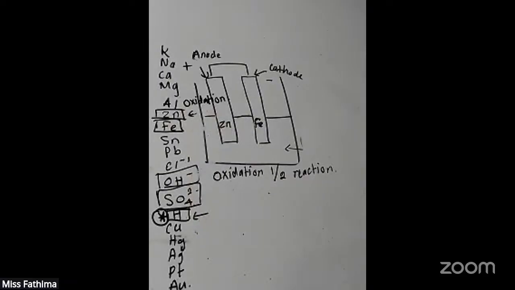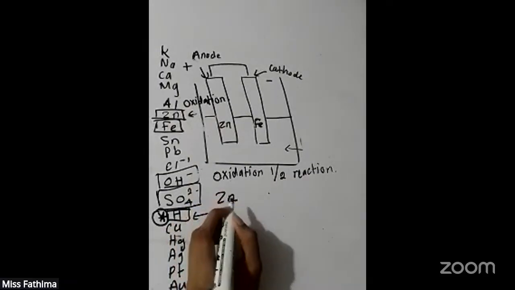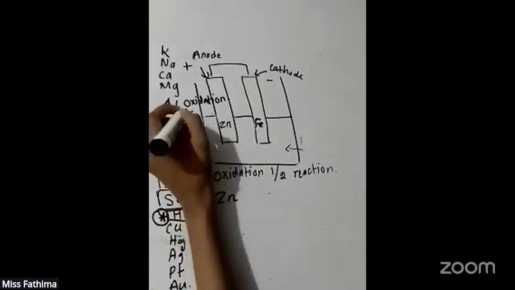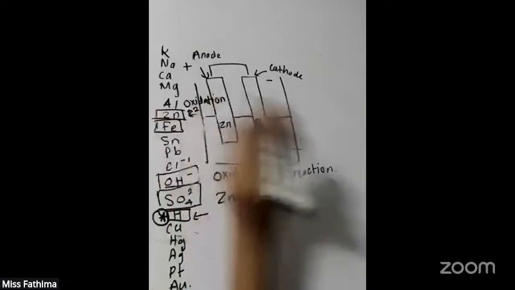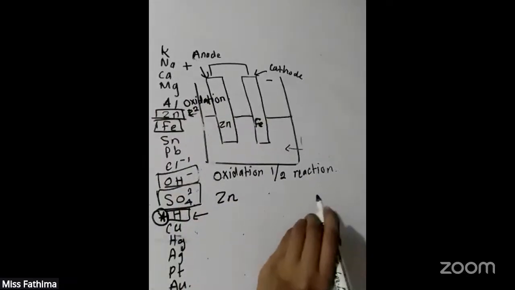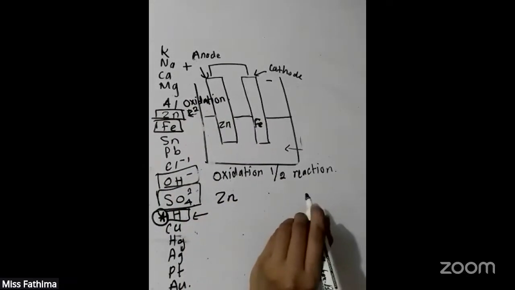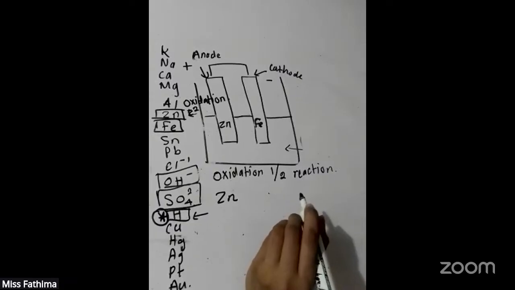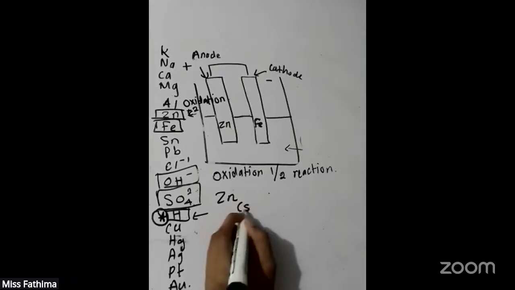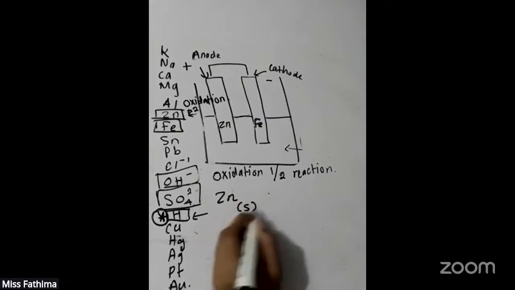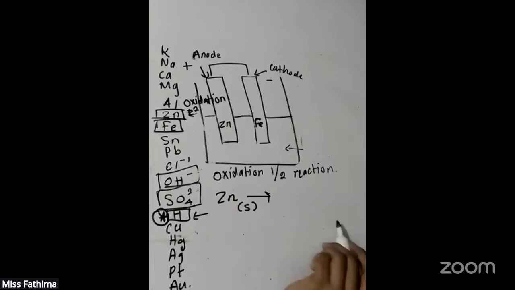That is zinc. The valency of zinc is +2. If it is +2, it is going to lose how many electrons? Zinc solid will undergo the process of oxidation.